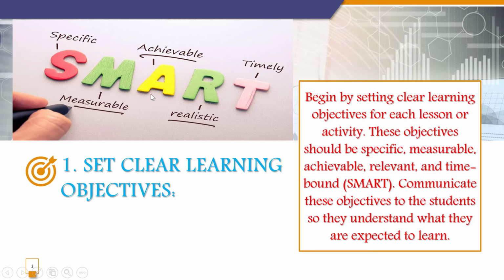And also, learning objectives must be achievable and realistic, so the students would not feel frustrated if they cannot achieve some learning objectives. And also, learning objectives must be timed.